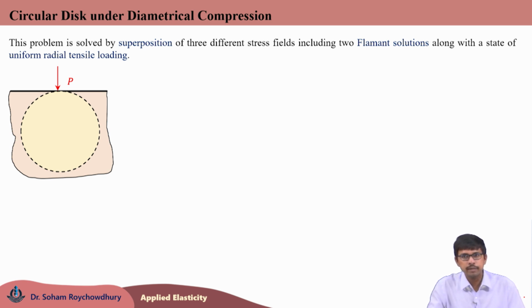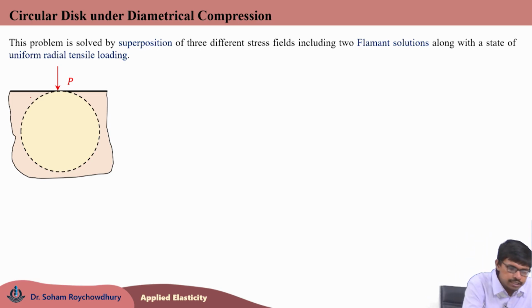For such a Flamant solution, we have seen that a purely radial state of stress is observed, and along any circle touching the point of application of the load, the radial stress sigma RR is constant. So, along this particular circle as shown in the figure, sigma RR would be a constant.